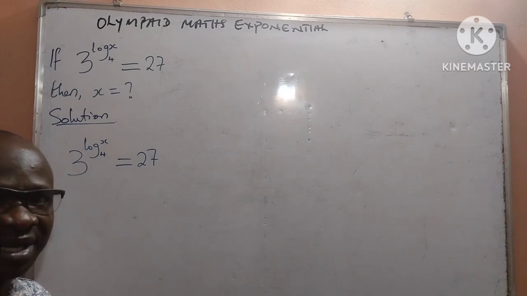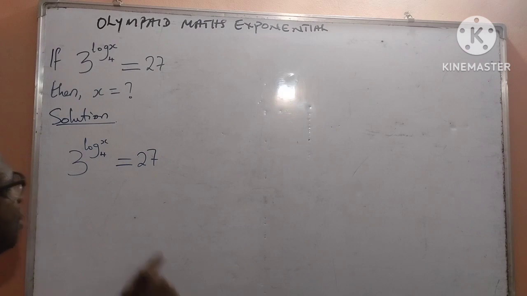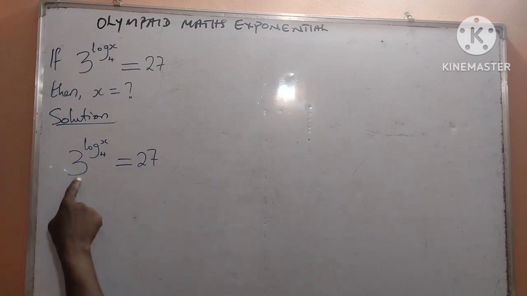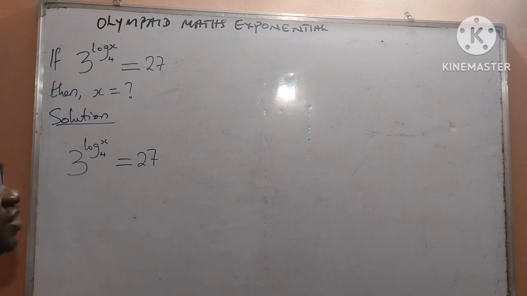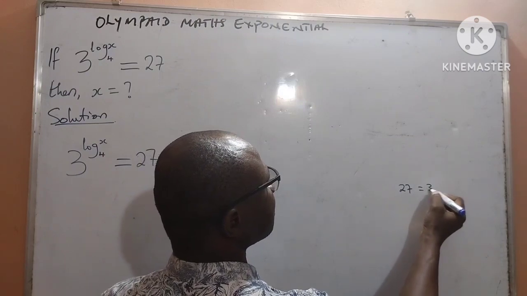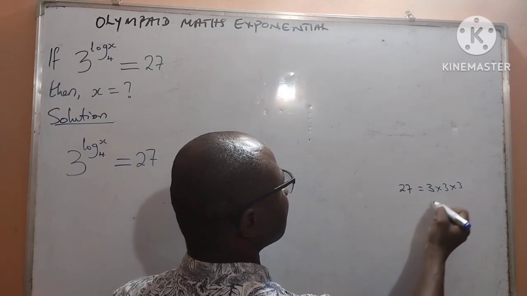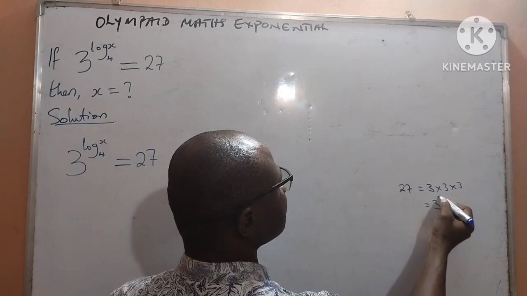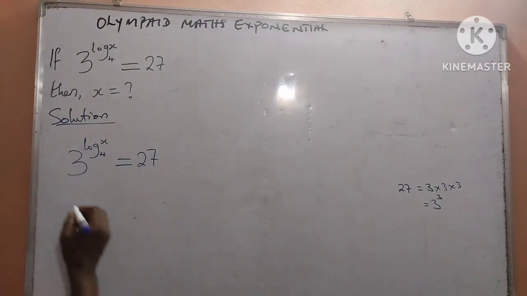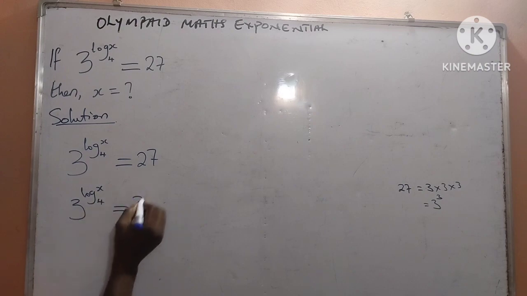I will start with the right hand side, and what I will do is to write my 27 in base 3, since the left hand side is also given to me in base 3. 27 is the same as 3 multiplied by 3 multiplied by 3, which is equal to 3 raised to power 3. So I write 3 raised to log x base 4 is equal to 3 raised to 3.